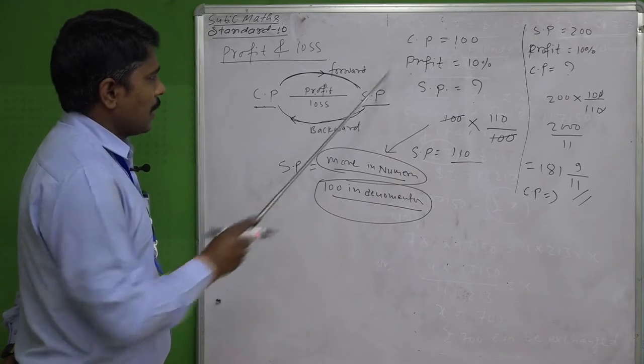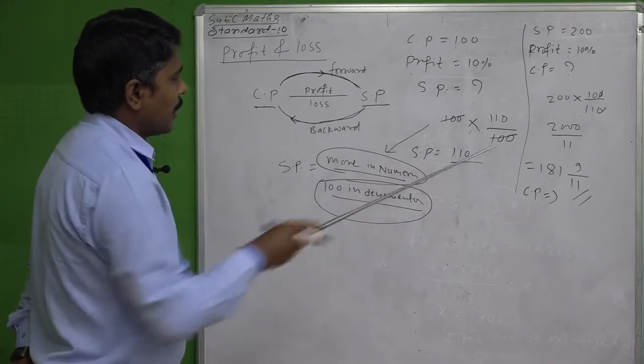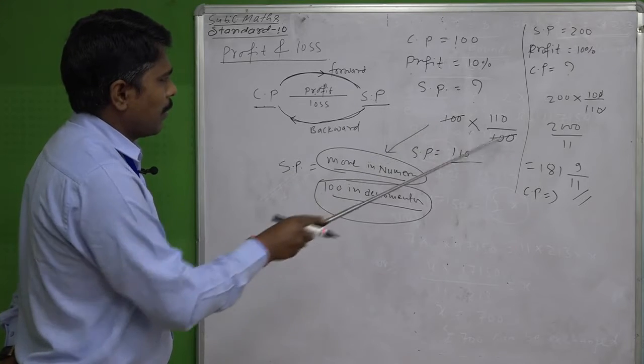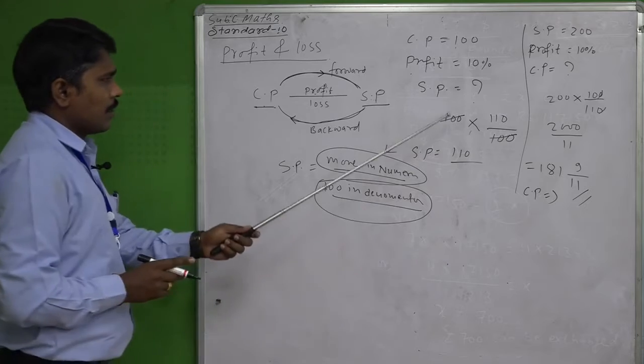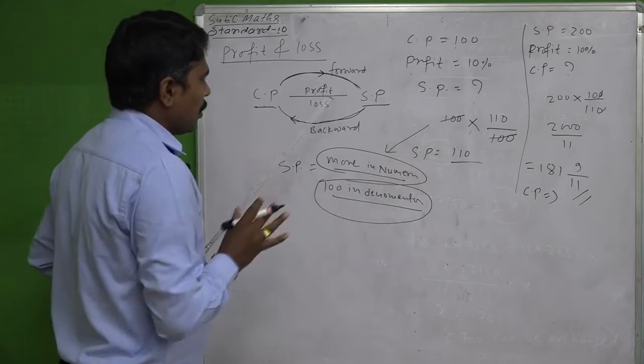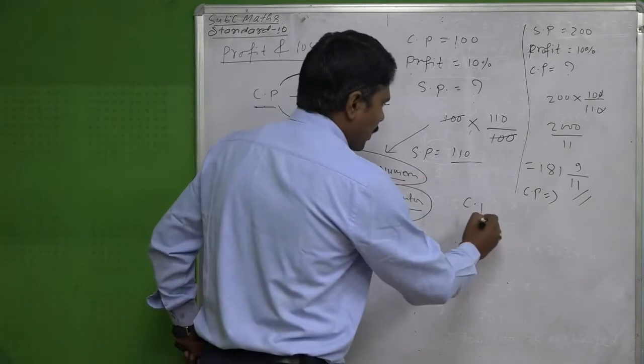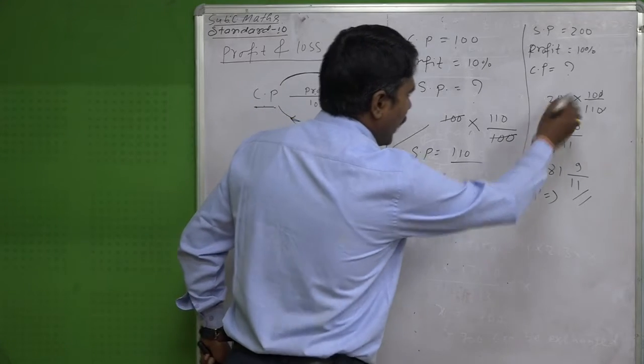These are the problems related to your daily life activities. So without using a formula, this is the formula. What I am trying to give you is this forward and backward calculation for the CP. For the CP, less is more.